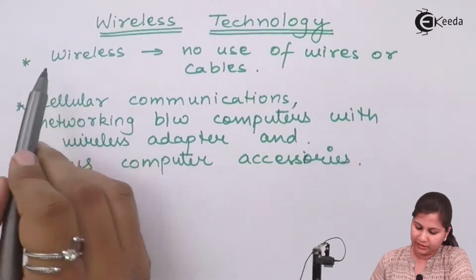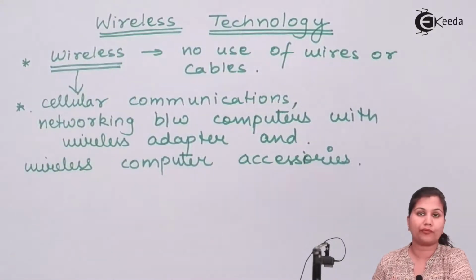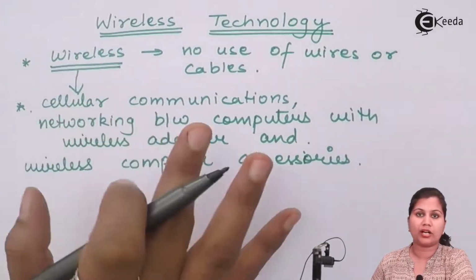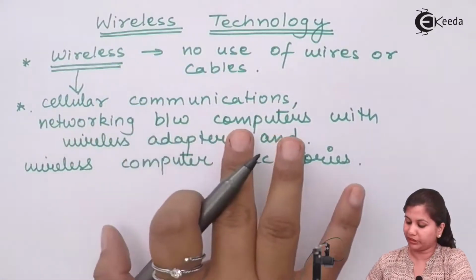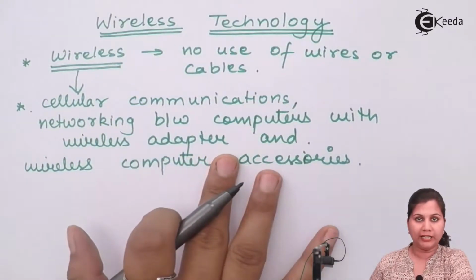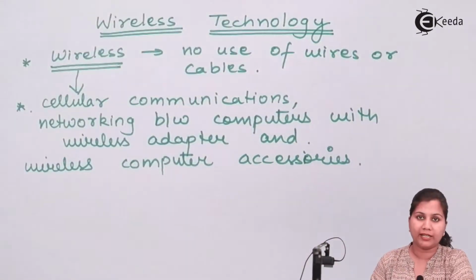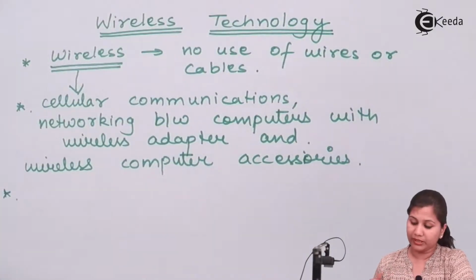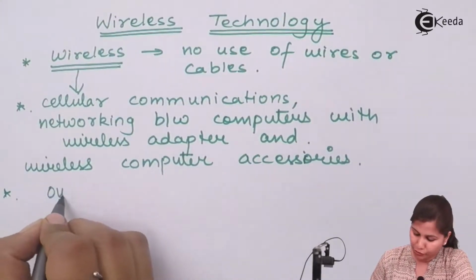So whenever we are talking about wireless technology, it will consist of all the devices involving cellular communication or involving the networking between computers with wireless adapters and the wireless computer accessories. They will come under this wireless technology. Okay, so how in this wireless communication is the communication between the devices established? It is established over air.